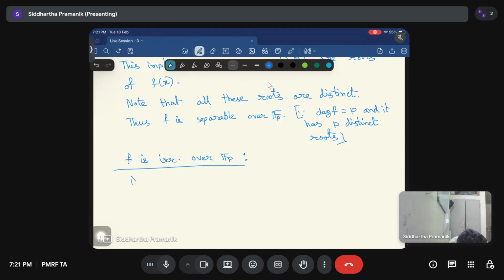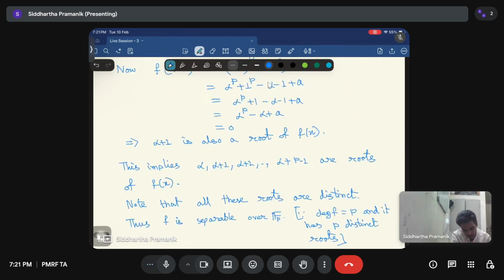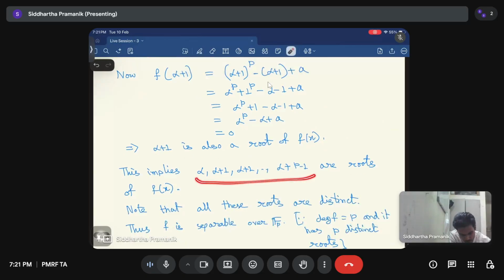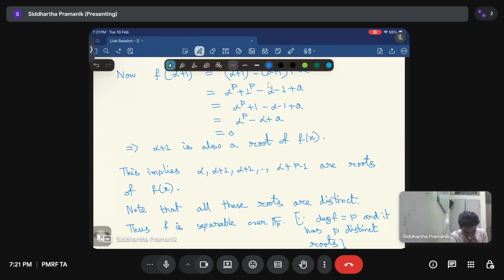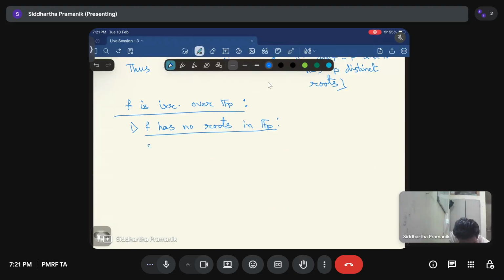So first thing, note that f has no roots in F_p. Because, right, we know the roots. So these are all the roots. So suppose alpha plus i is a root of f lying in F_p.